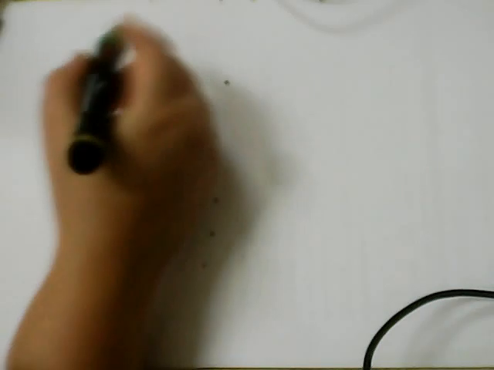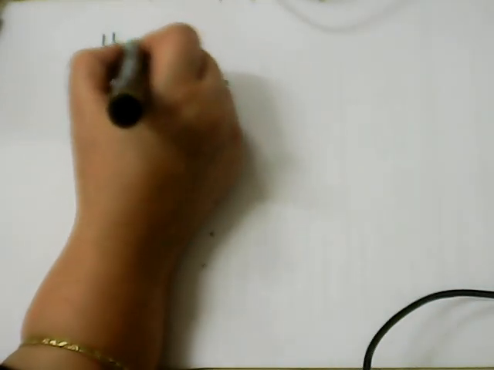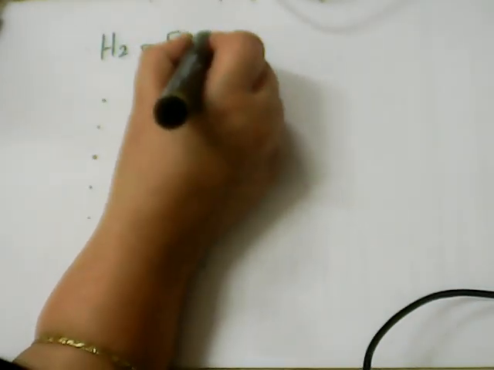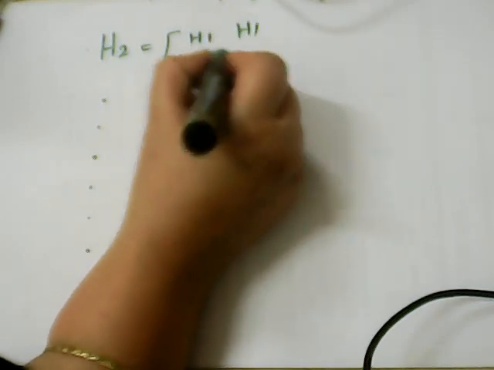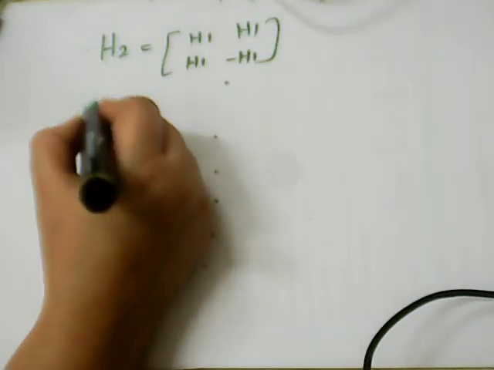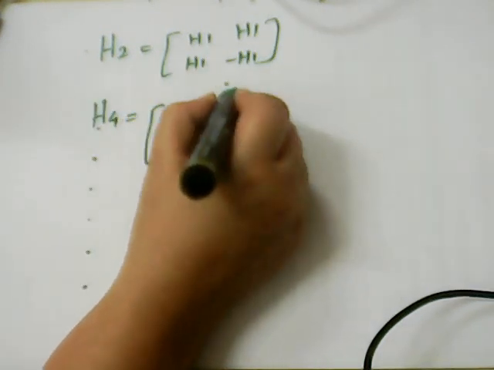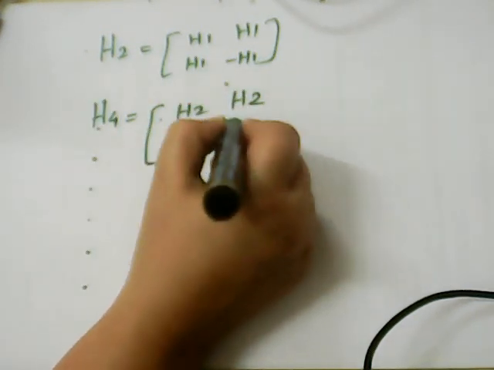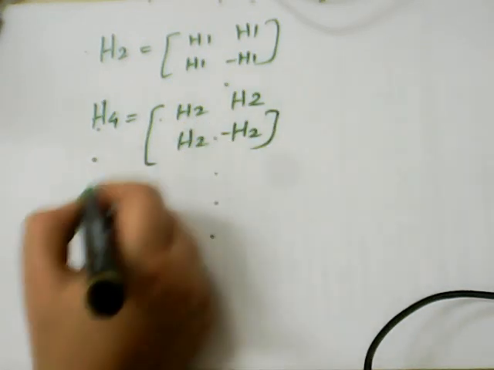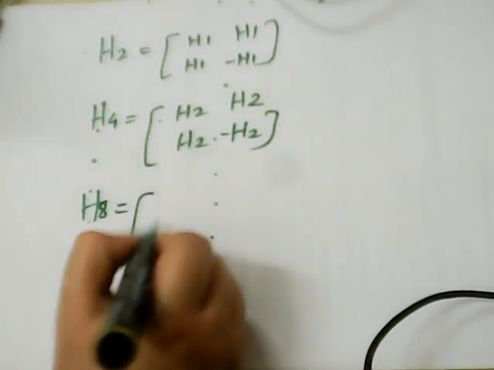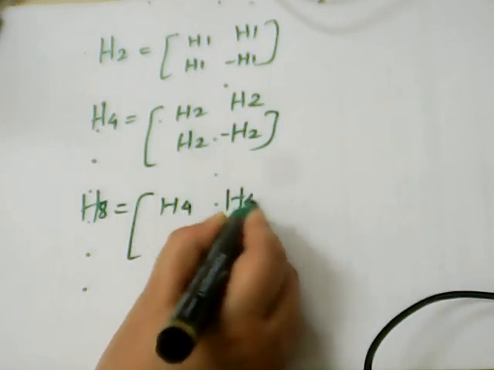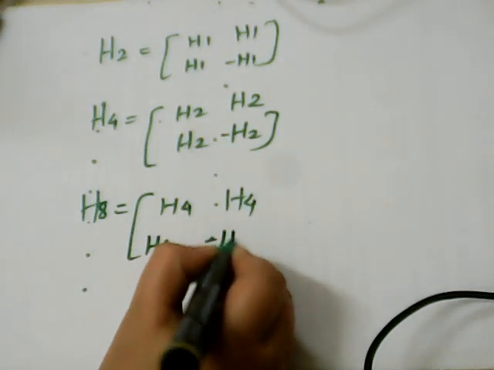So you can calculate h2 as h1, h1, h1 and minus h1. You can calculate h4 as h2, h2, h2 and minus h2. You can calculate h8 as h4, h4, h4 and minus h4.